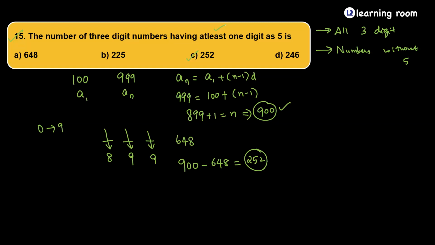You should take what if 5 comes once, what if 5 comes twice, what if 5 comes thrice, and you have 3 conditions you have to solve. It's a tedious process. You understood the logic that I did? From all the 3-digit numbers that are available, I removed all the cases where there is no 5 at all. So what will you have? You can have at least 1 five, 2 fives or 3 fives.